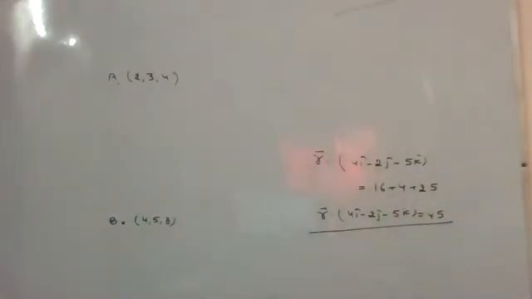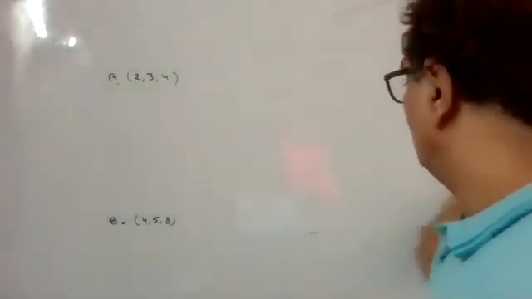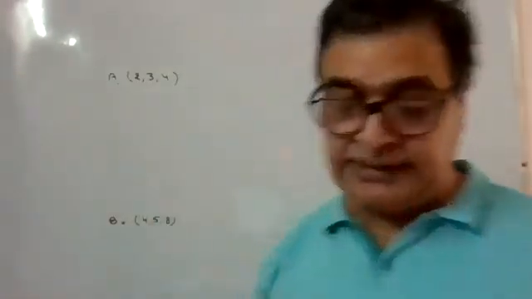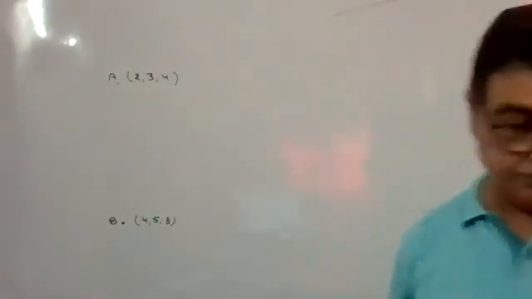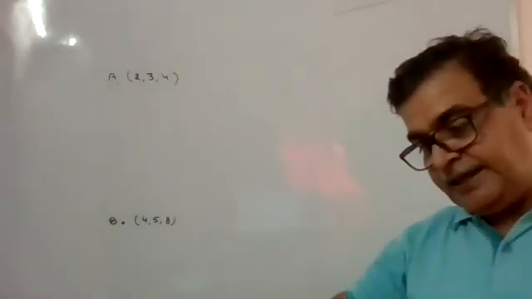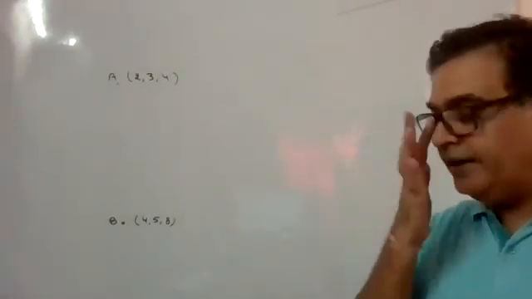I need the equation of the plane which bisects this line segment at right angle.